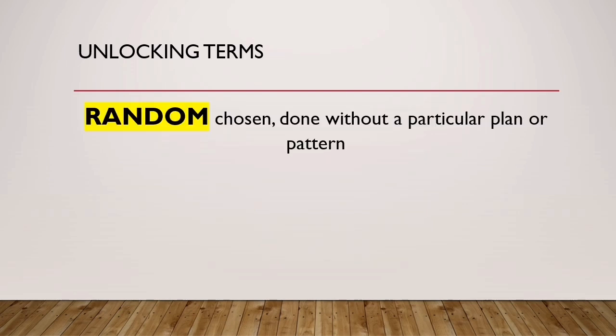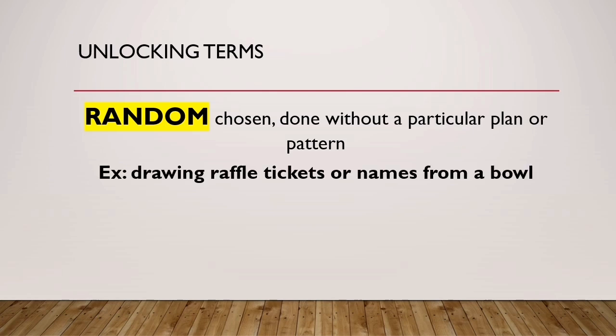So the next word is random, which means chosen, done without a particular plan or pattern. Example, drawing raffle tickets or names from a bowl. When you draw a raffle ticket, drawing here is not like drawing a kite or drawing a flower. Drawing means choosing or picking raffle tickets from, for example, a tambolo.